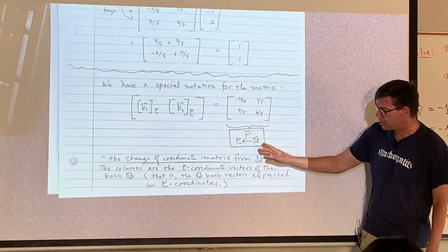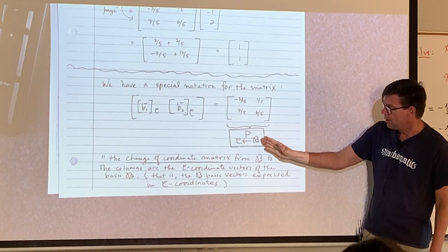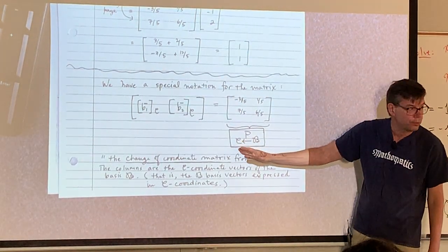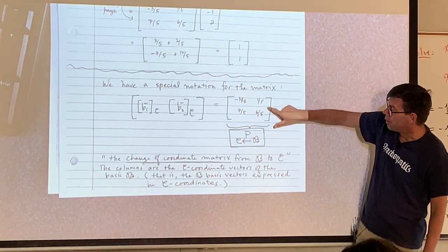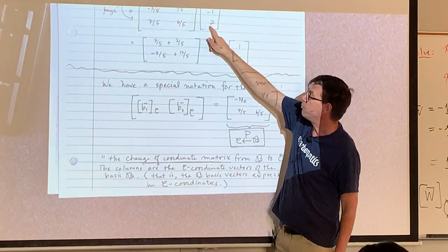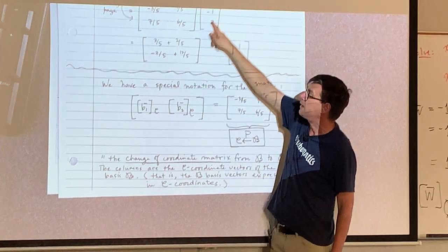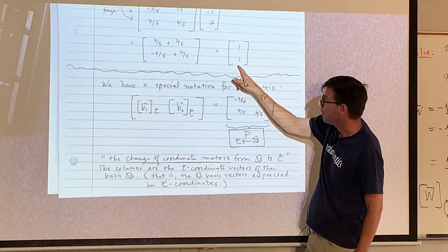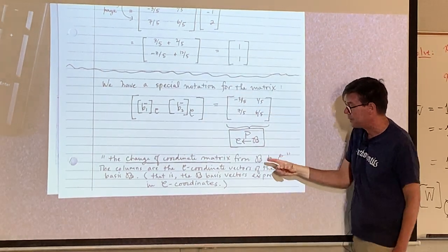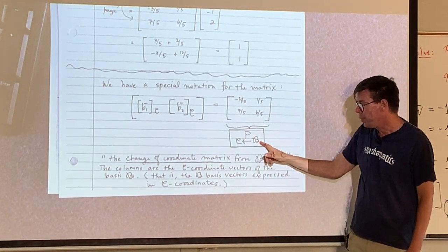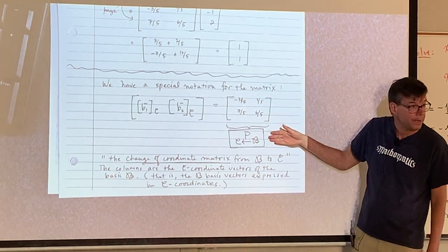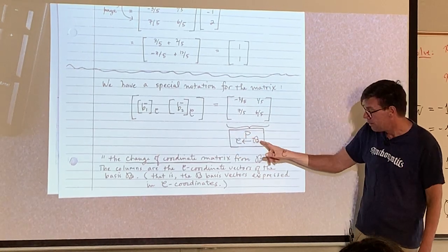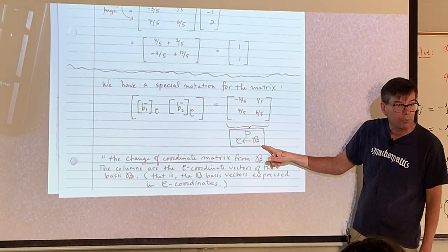The arrow goes backwards because we really are converting B basis coordinates to C basis coordinates by multiplication here, right? Because what did we do? We used that matrix to multiply the negative 1, 2. Those were B basis coordinates. And we ended up with C basis coordinates. We always multiply on the right. So because the action is going from right to left, the order of the B and the C and the arrow are really important.